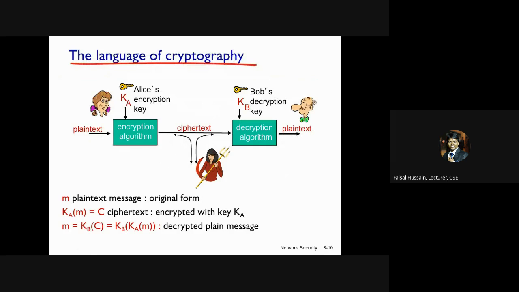So let's see the language of cryptography. How can you represent a cryptographic language? Assume that the message that you sent is called plain text, and Alice has some encryption key. This encryption key is a key value which is used by an encryption algorithm.